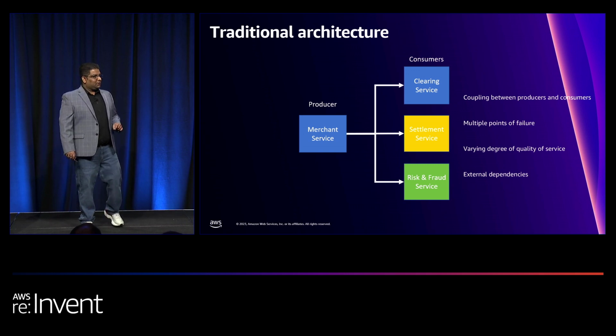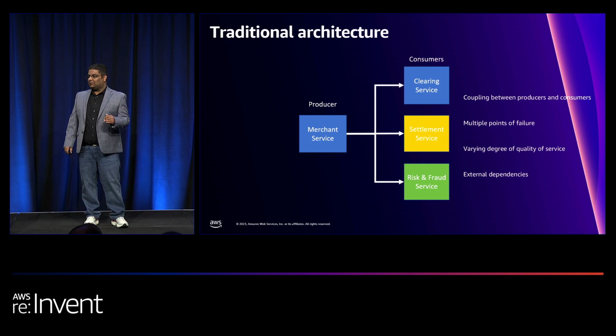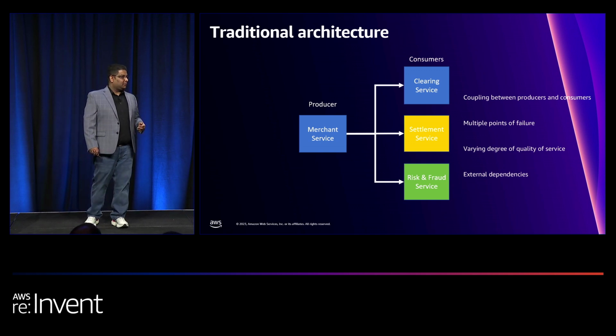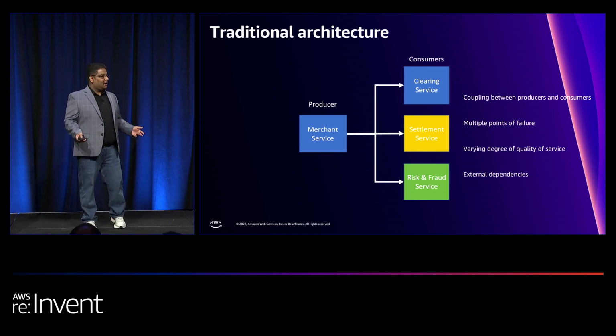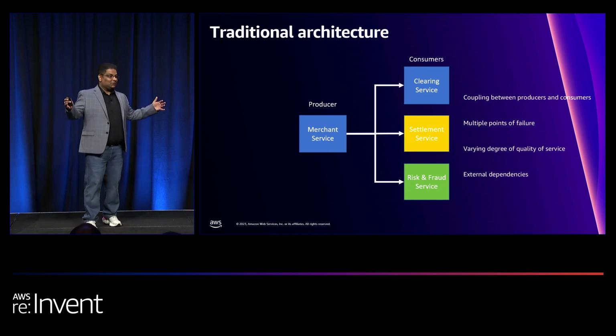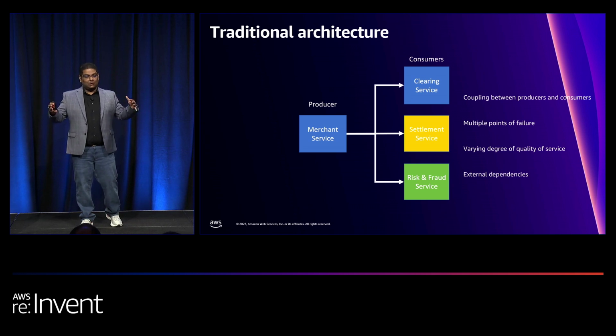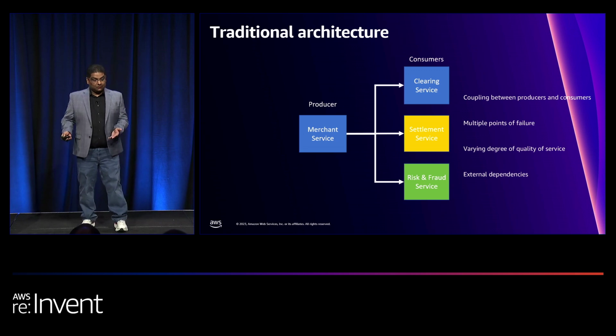On top of that, you have multiple points of failure. Let's say the settlement service used to send back a response in 200 milliseconds, but out of one particular sprint, some additional code was added to the domain, and now it is sending back in 1 second. Now the entire system has to slow down. It was performing better, but the entire merchant service system has to perform the way the settlement service performs.